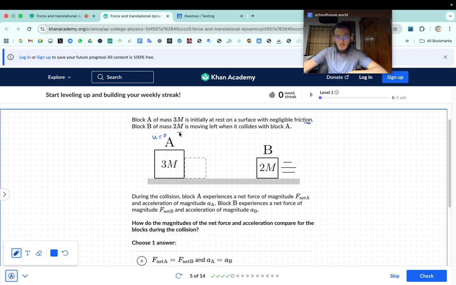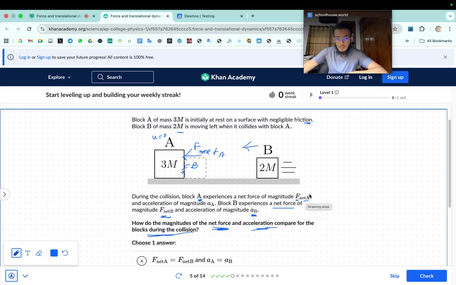Block B of mass 2m is moving left when it collides with block A. So here B comes and it collides with block A. During the collision, block A experiences a net force of magnitude F net A and an acceleration of magnitude a of A. Block B experiences a net force of magnitude F net B and acceleration of magnitude a of B. How do the magnitudes of the net force and acceleration compare for the blocks during the collision?